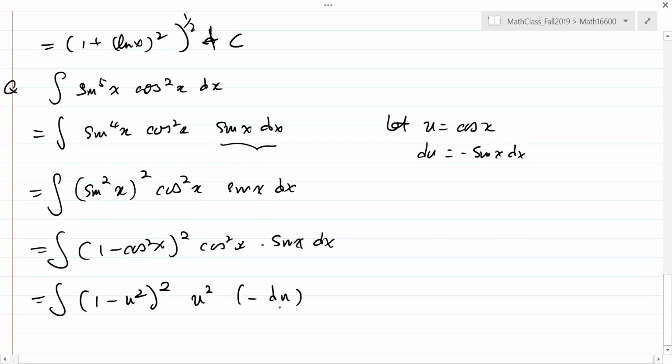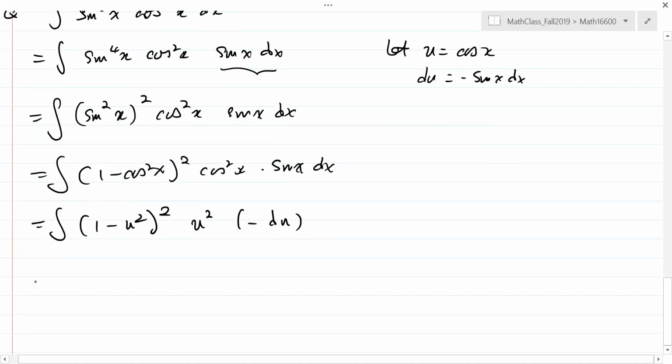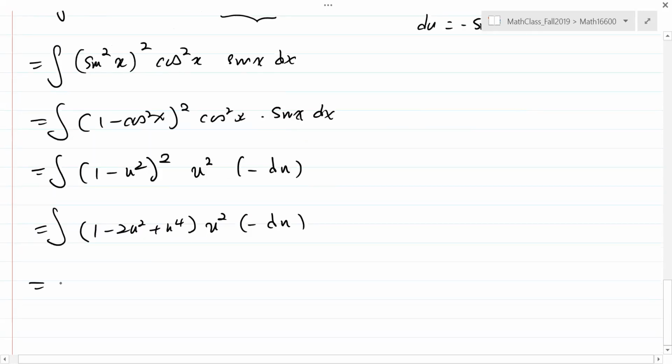Then that's a polynomial, clear, right? So you know how to evaluate the integral of a polynomial. So you have to expand it. It's 1 minus 2u squared plus u to the fourth power, times u squared, times negative. Then multiply this out. I put the negative sign inside.